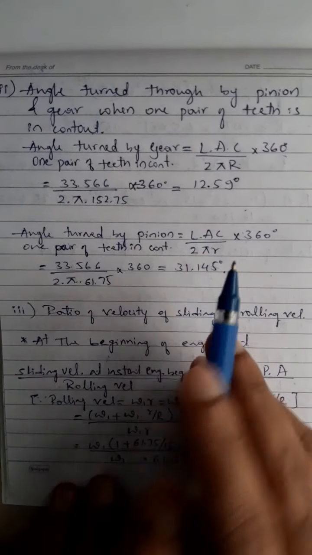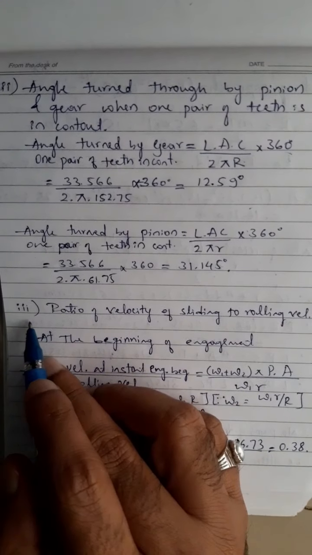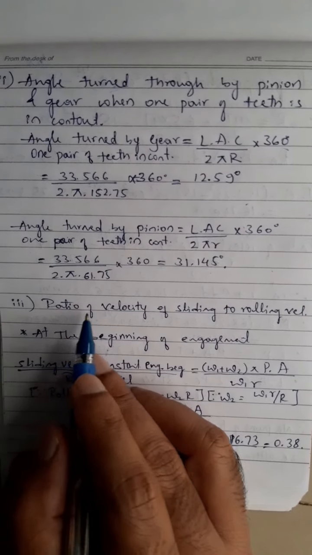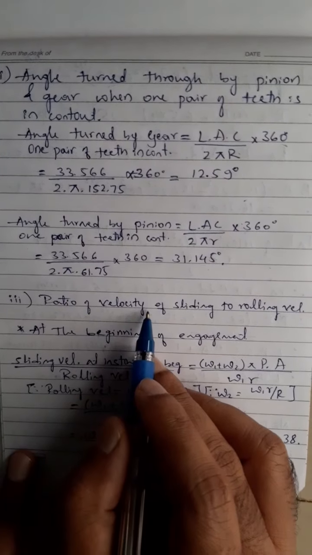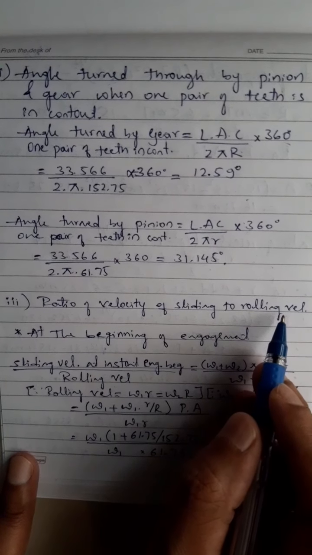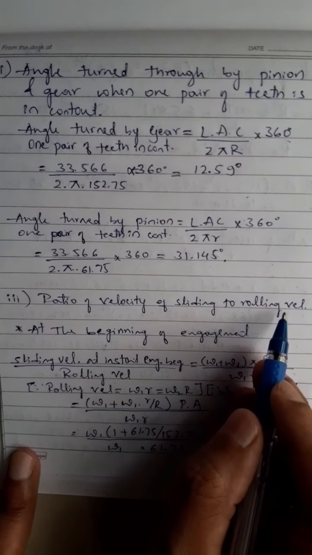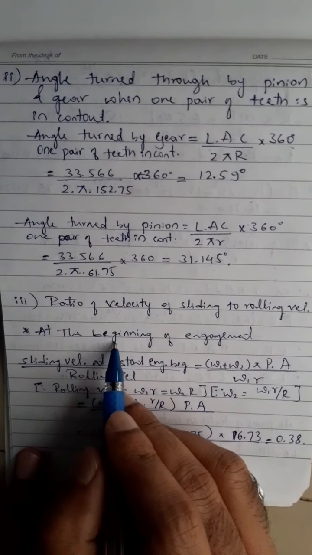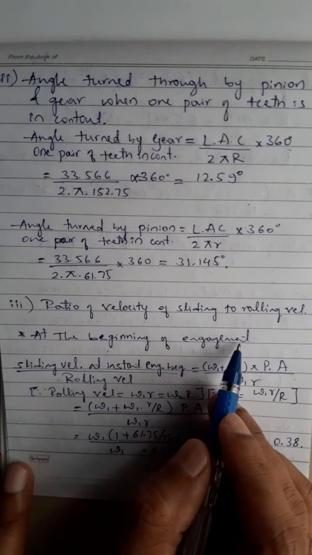contact. Next, coming to the third bit of the question, finding the ratio of velocity of sliding to the rolling velocity at 3 different instants. The first instant is at the time of beginning of engagement.